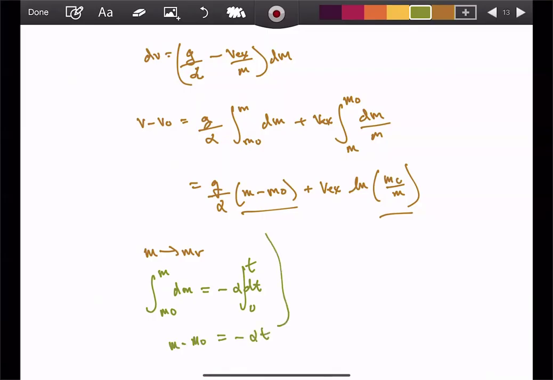So this term here is actually the same as this, which means my final velocity is going to be equal to my initial velocity minus g over alpha t plus v expulsion, natural log of the initial mass to the final mass.